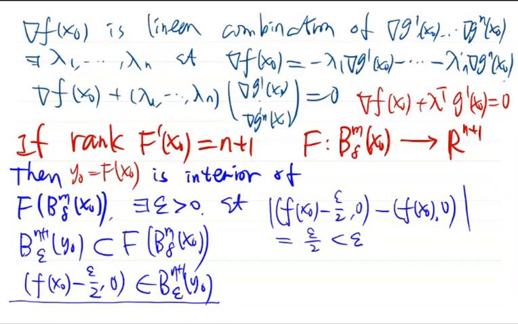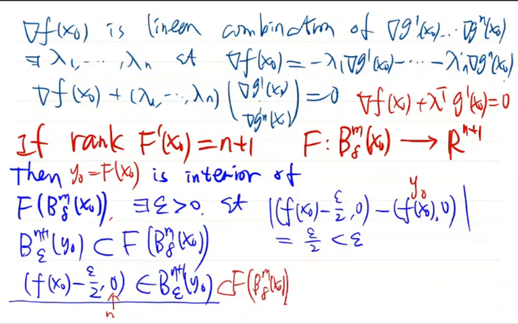This 0 is an n-dimensional vector. So the distance of this point to y0 is less than epsilon. Therefore, this point lies in the epsilon neighborhood of y0. But this neighborhood, in turn, is contained in the image of capital F.